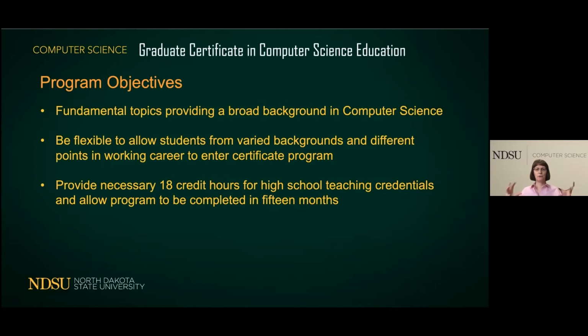So we wanted to have it broad and flexible enough. Essentially the necessary 18 credit hours would be for high school teaching credentials, and it should be possible to complete these 18 credit hours within a 15-month time frame.